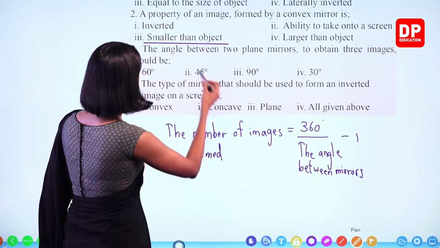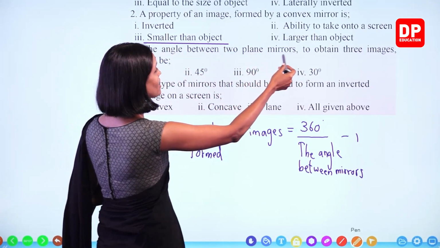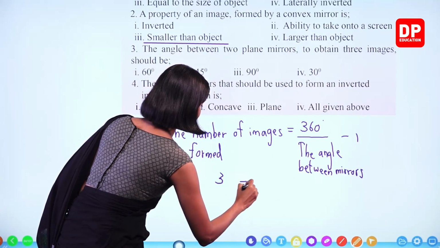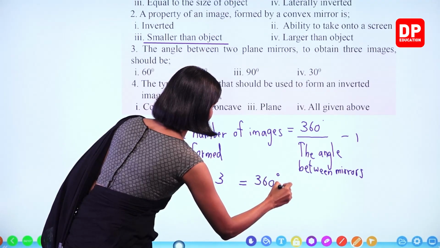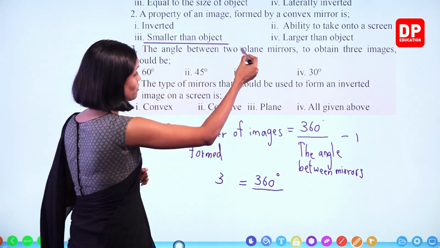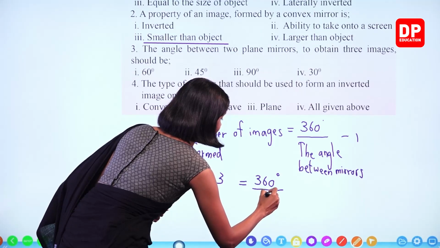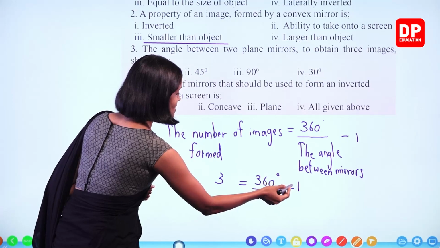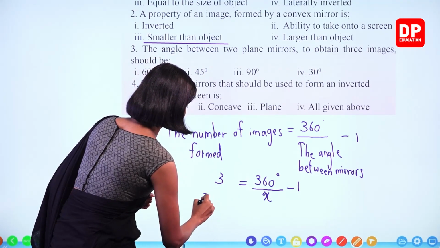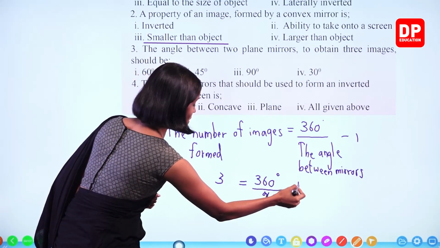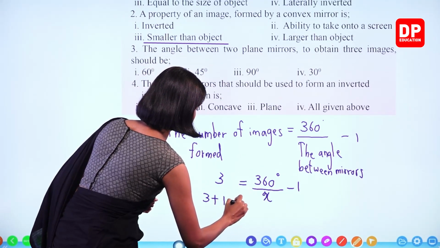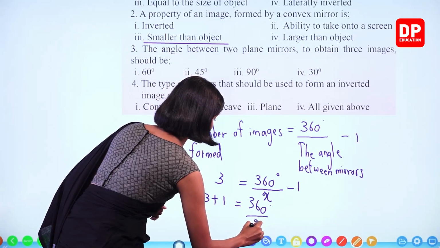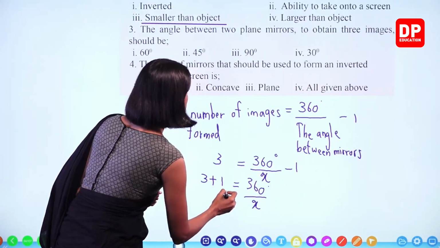So the number of images formed here, given the angle between two plane mirrors to obtain three images. Here it should be 3 equals 360 divided by, we don't know the angle, we have to find the angle. We'll consider the angle as x, minus 1. Right, so we will take this 1 here, it becomes 3 plus 1. This is minus 1, when it comes here it becomes plus 1 equals 360 divided by x. Right children?